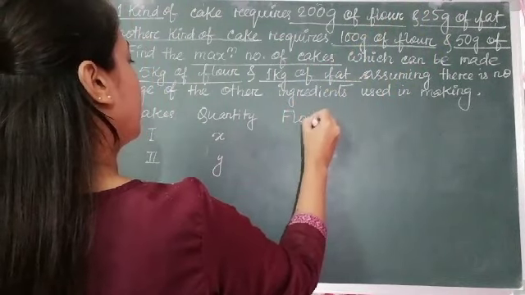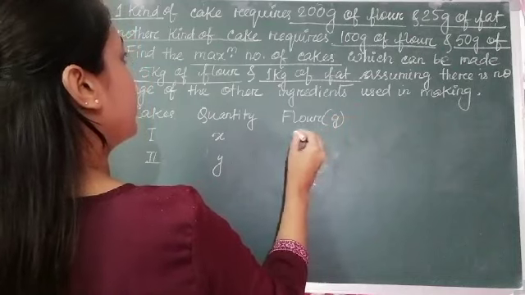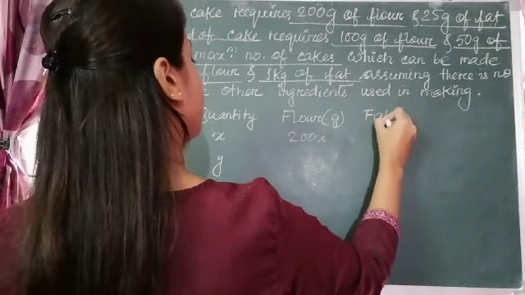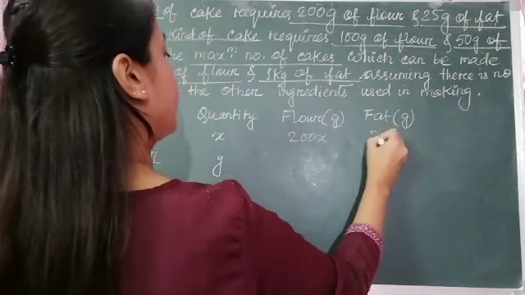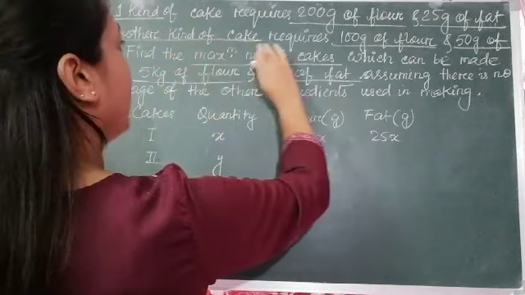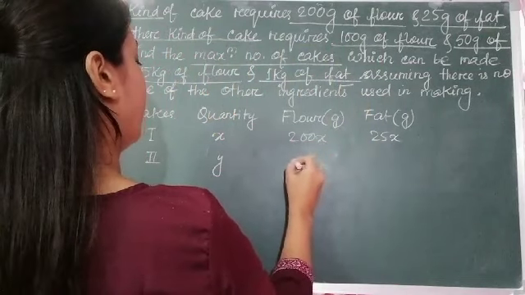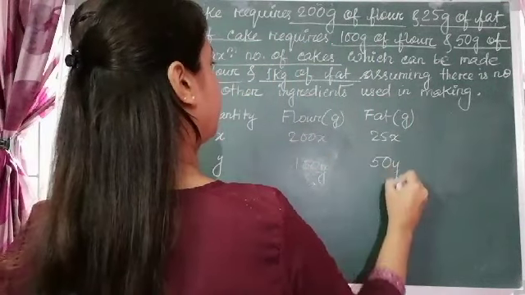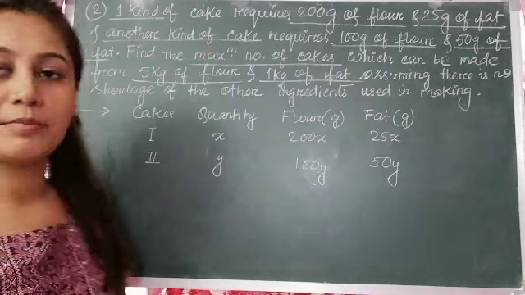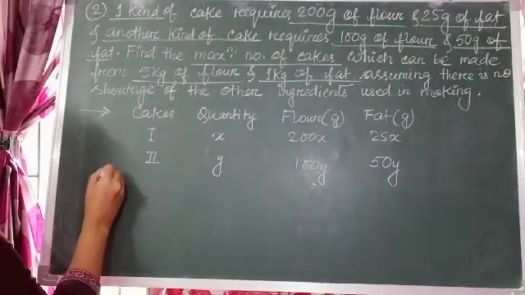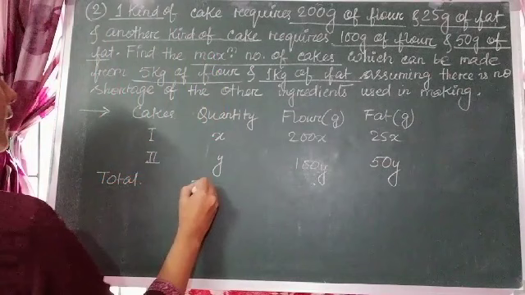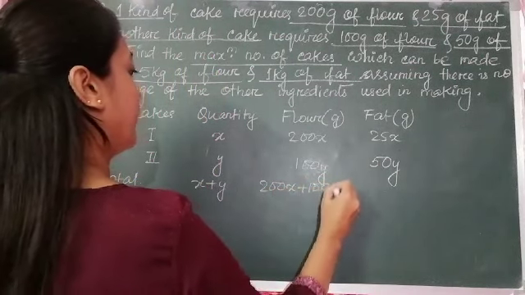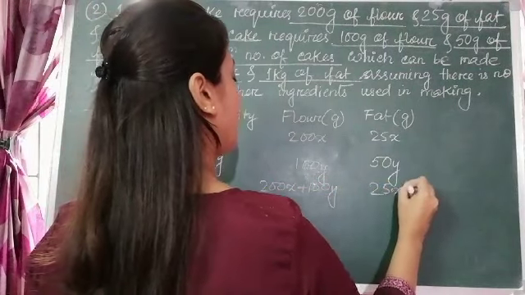So flour in gram is given as 200 grams, so 200x. And fat content is also given in gram, 25x. And the second kind of cake requires 100 gram of flour and 50 gram of fat. So your question is to find the maximum number of cakes. So this total number of cakes you are given to find. So total x plus y, 200x plus 100y, 25x plus 50y.